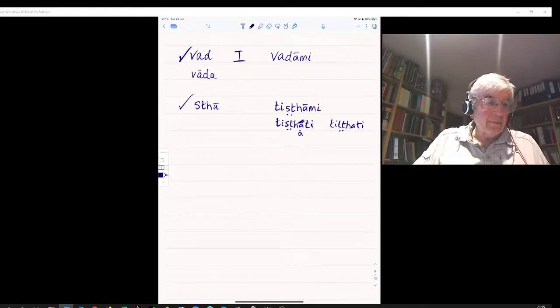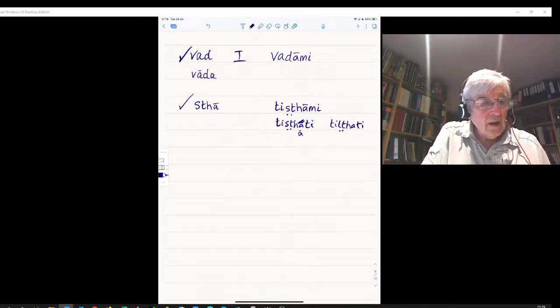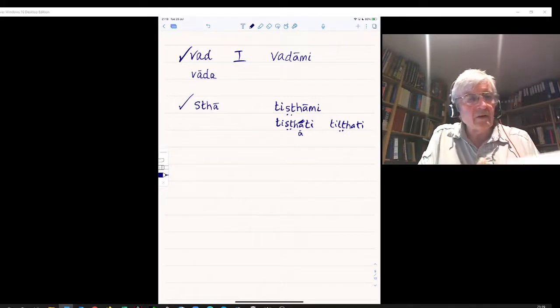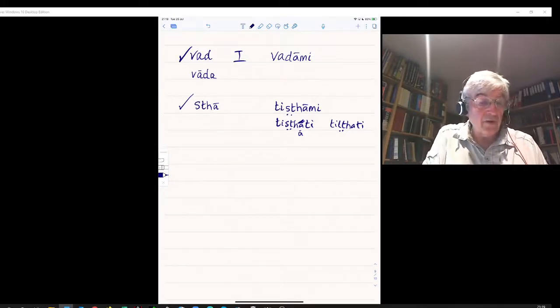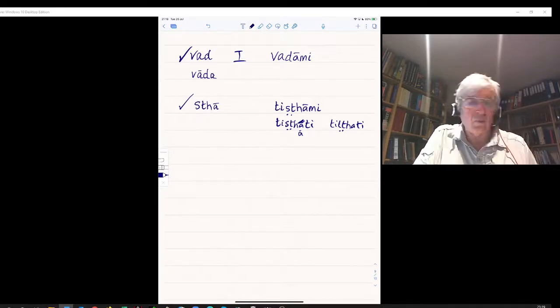And it says all vocabulary is given in the order of the Sanskrit alphabet. Right, and the order of the Sanskrit alphabet, of course, we've already learnt, and I'll give you separate lessons on how to look up words.